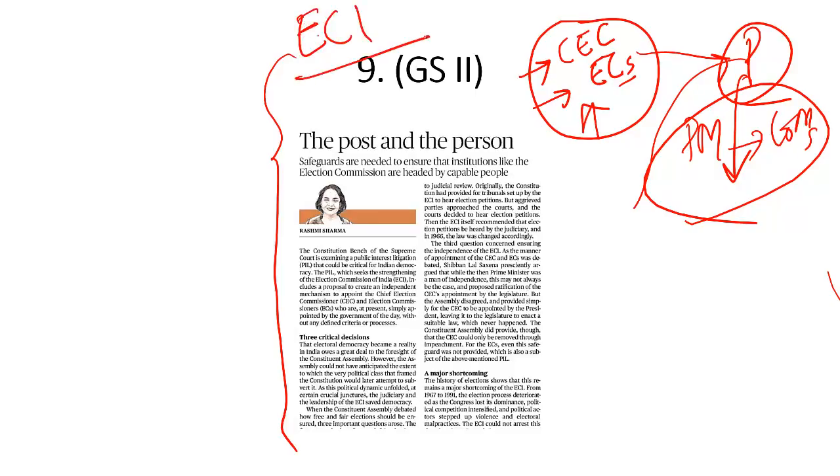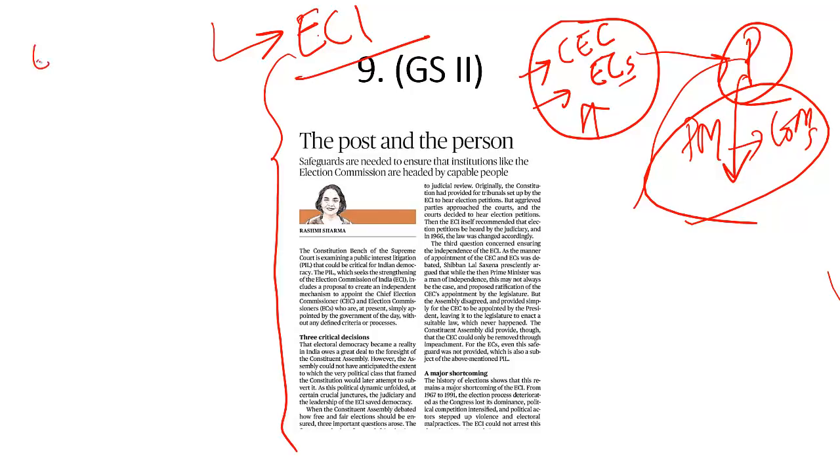In fact, the credibility of this institution is such that if there are elections in Myanmar, in Sri Lanka, in Bangladesh, the Election Commission of India acts as the observer for these elections. Such is the status of the Election Commission throughout the world. In fact, the Election Commission is the sole vanguard of providing free and fair elections in this country. Because without free and fair elections, there can be no democracy. And free and fair election is part of the basic structure of the Indian Constitution.